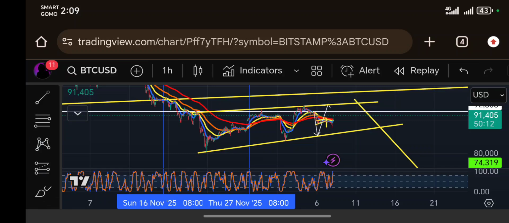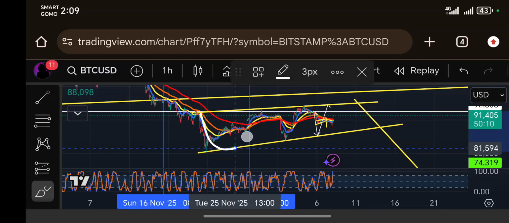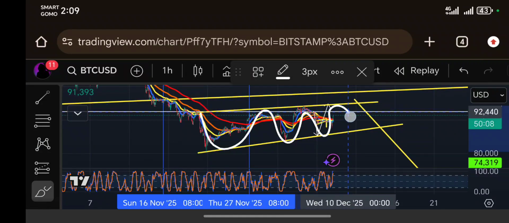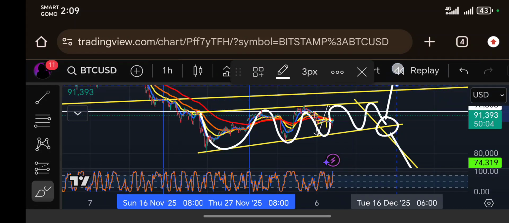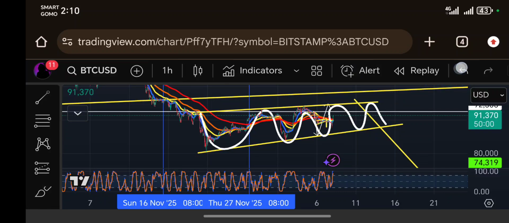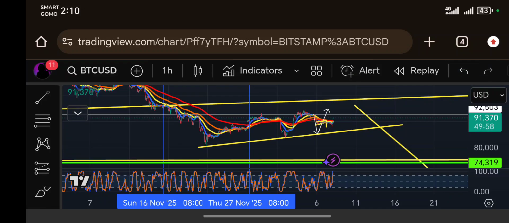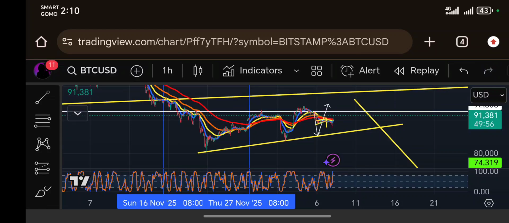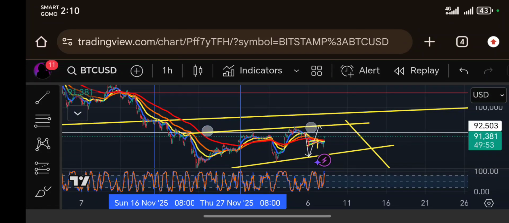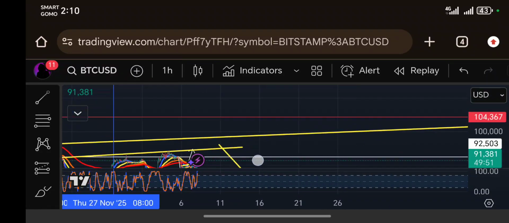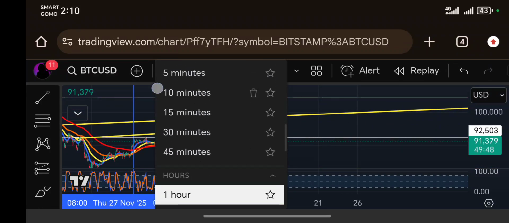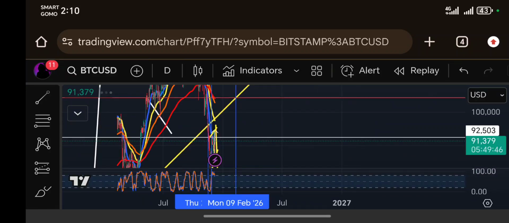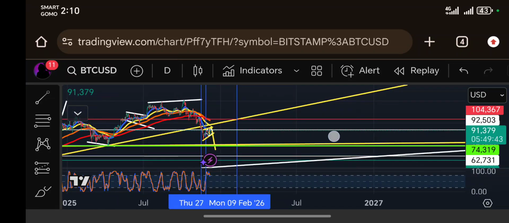Just the way I'm saying it can play like this, and decision time, if it's going to come back down or we're going to blast off to the upside. But my own idea in here is that maybe we can have some pump here. Yeah, and my target is still $104,000.